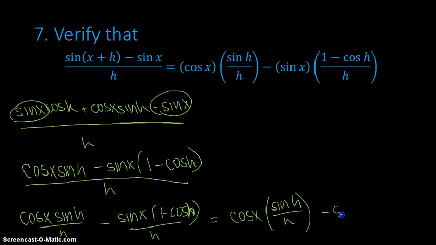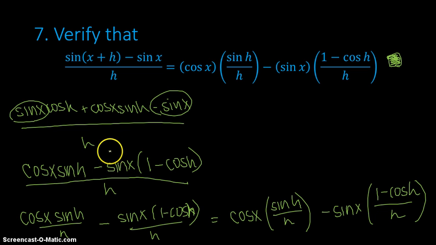And the same with the second one, bring out the sine x so that we can keep the h's together. So 1 minus cosine h over h, which is what I had up here. So it looks a little ugly, but if I just keep following my sum and difference formulas, looking to maybe factor things out and rewrite.